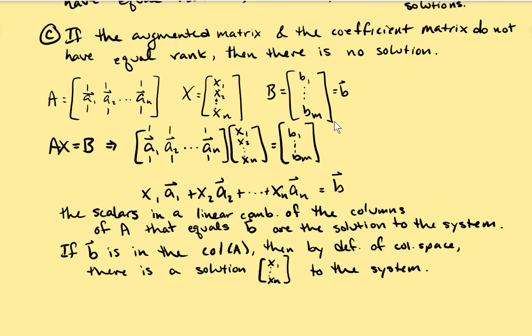Because if B is in the column space, that means by definition it can be expressed as a linear combination of the columns of A. Whatever scalars you need in that linear combination, those would make a solution to your system.